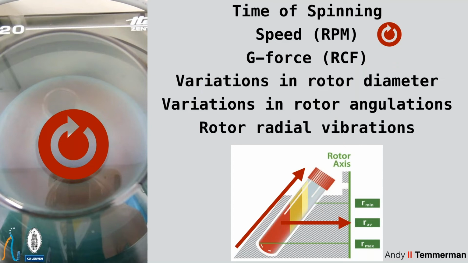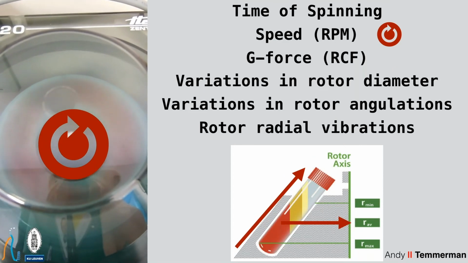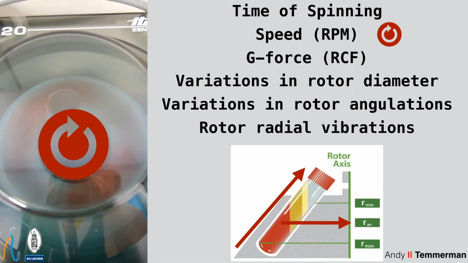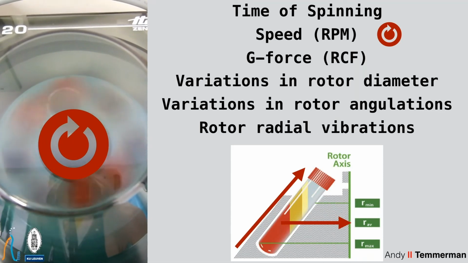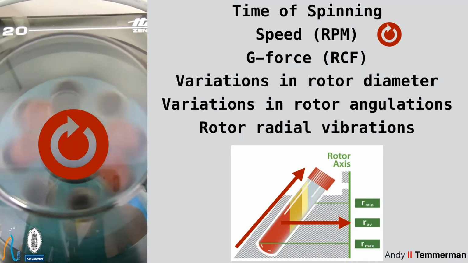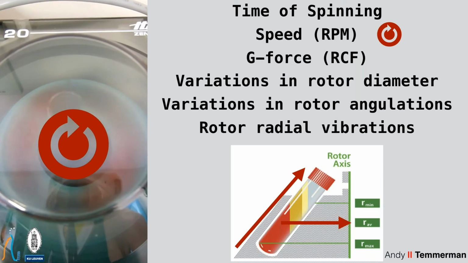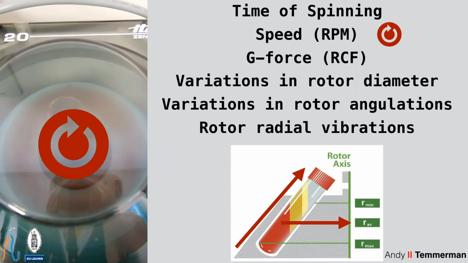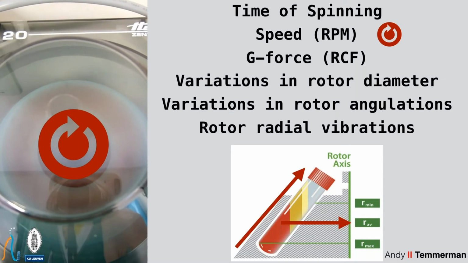And higher g-forces, unfortunately, will have several negative effects with significant impact on the outcome of the product. That means a higher g-force will push more cells to the bottom of the tube, and as such will reduce the cellular content of the clot. At higher g-force, the PRF clot becomes poorer in platelets and in leukocytes, and as such will release less growth factors.